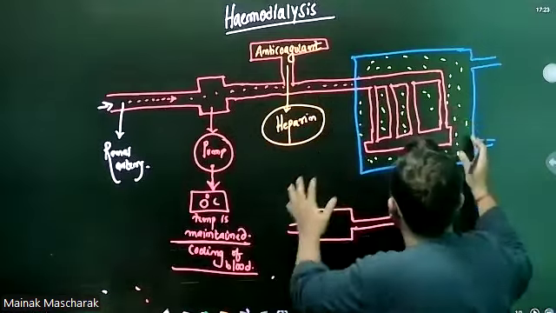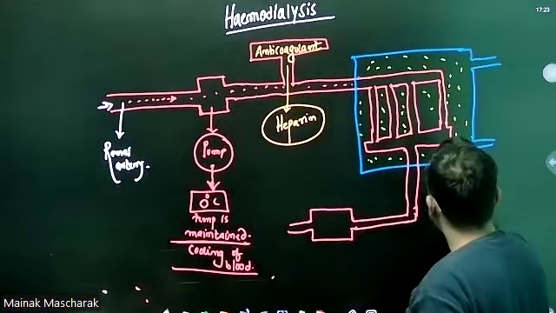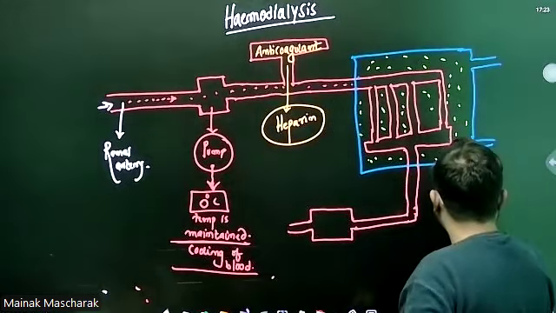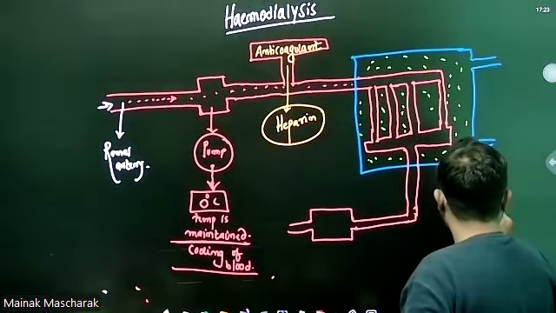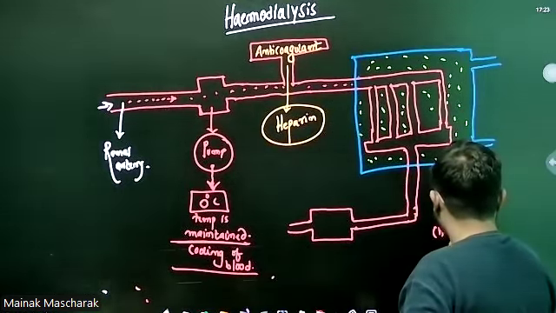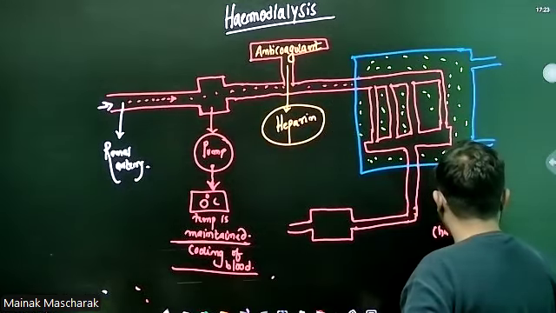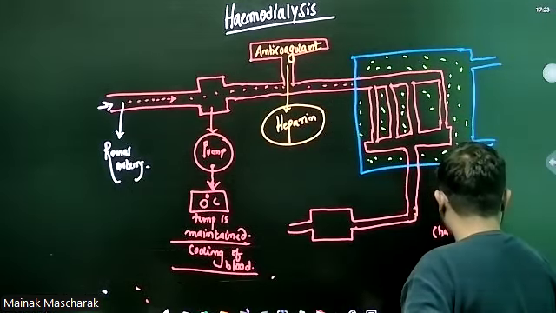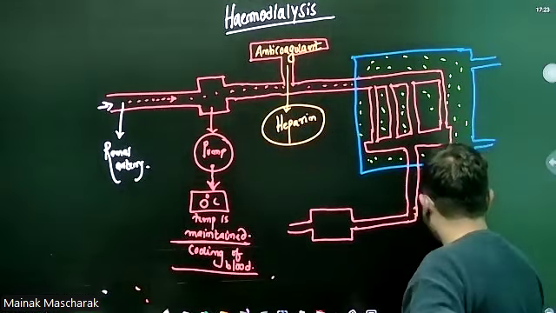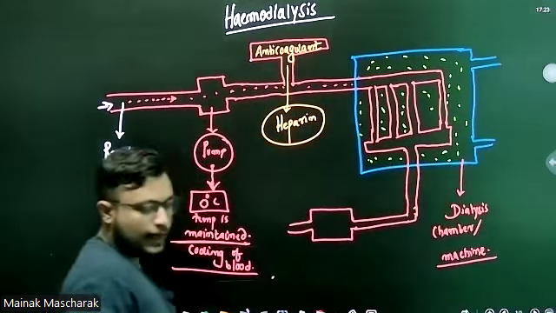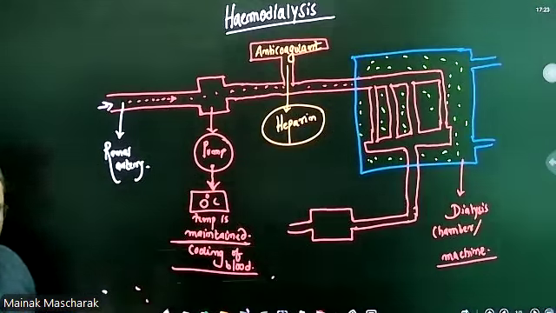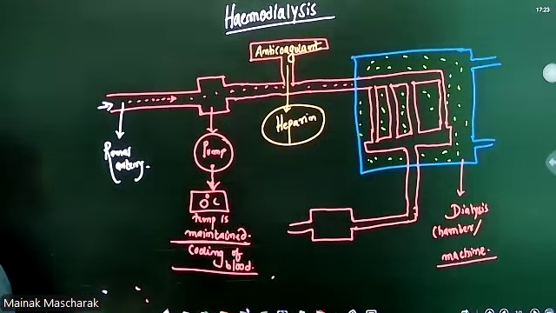So this is your dialysis machine. What is this? This is your dialysis chamber or dialysis machine. Okay, so the blood is put into the dialysis chamber or dialysis machine.